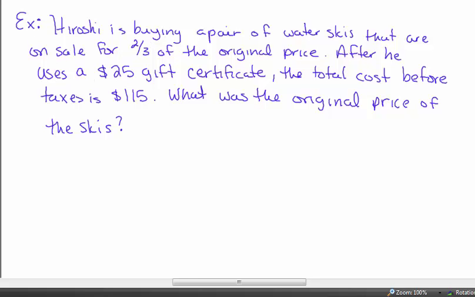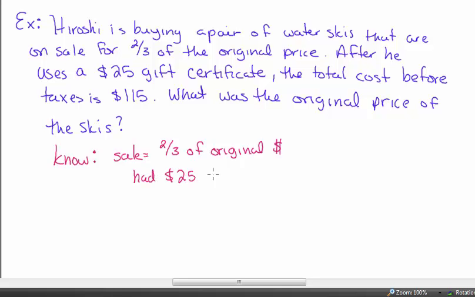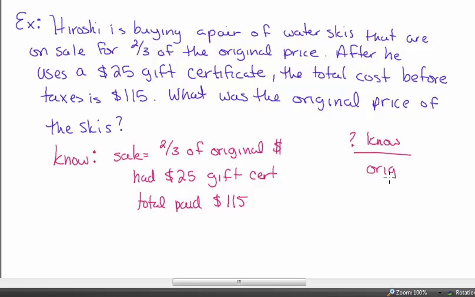So let's break this down into what we know. The sale is equal to 2/3 of the original. He had a $25 gift certificate, and then the total paid was $115, and we don't know the original price.